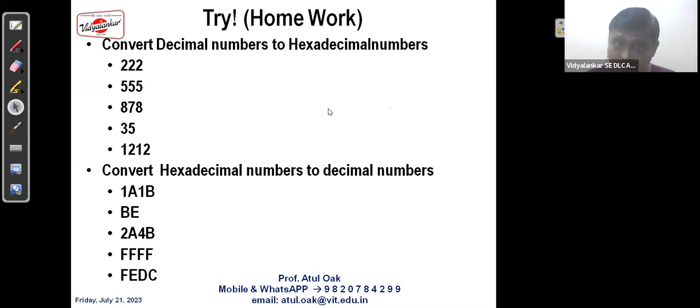Now you need to be alert because we are in the last 30 minutes of this session, and in it I am going to teach you a new concept. As per our agenda, there are 3 points: introduction to number systems, common number systems, conversion between number systems.